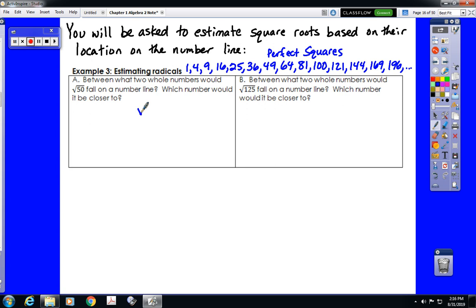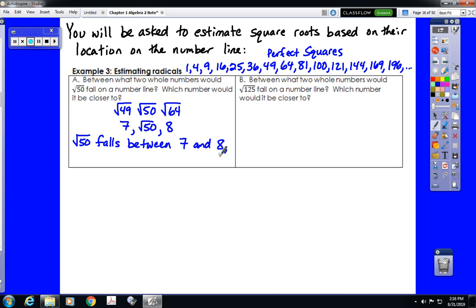For instance, the square root of 50, it falls between the square root of 49 and the square root of 64 on the number line, which means 7 and 8, because those are the square roots of 49 and the square root of 64. So we would say the square root of 50 falls between 7 and 8.